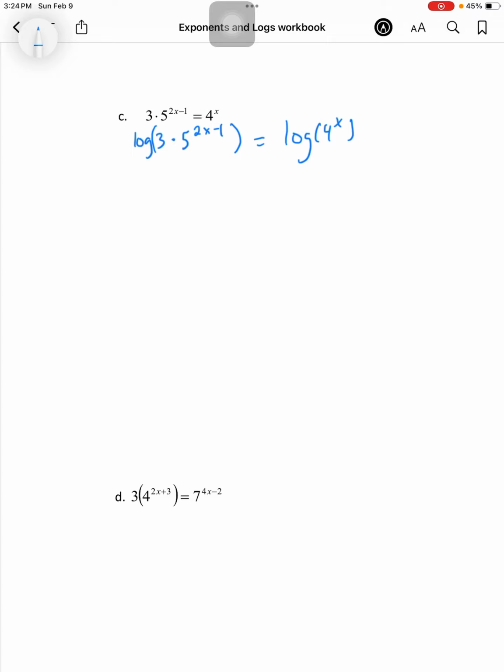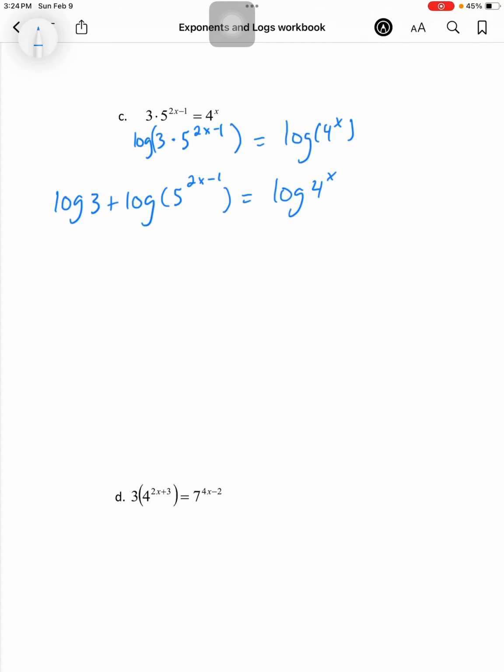We see multiplication law, so we just spread it out by using addition. So log 3 plus log 5, 2x, that should be a minus sign, minus 1 equals log 4x. And then we think, what can we do next?